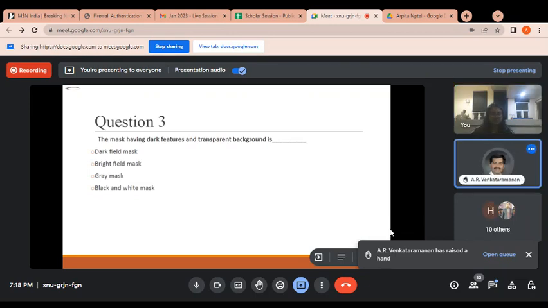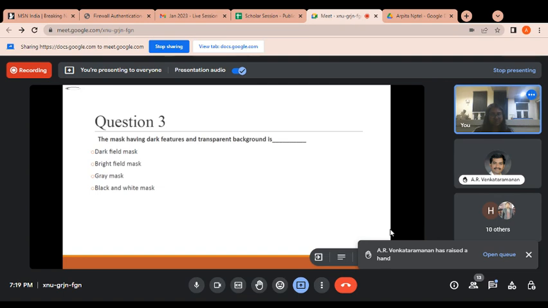Black and white mask. Why black and white mask? Can you explain? What is dark field mask and what is bright field mask? It should be observing that heat. So due to that only, I am saying that it should be having a dark feature and a transparent background. What purpose? What feature do we want?